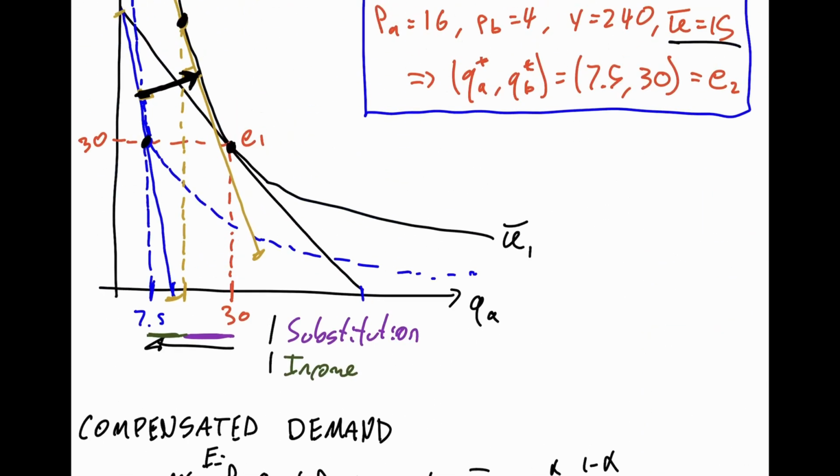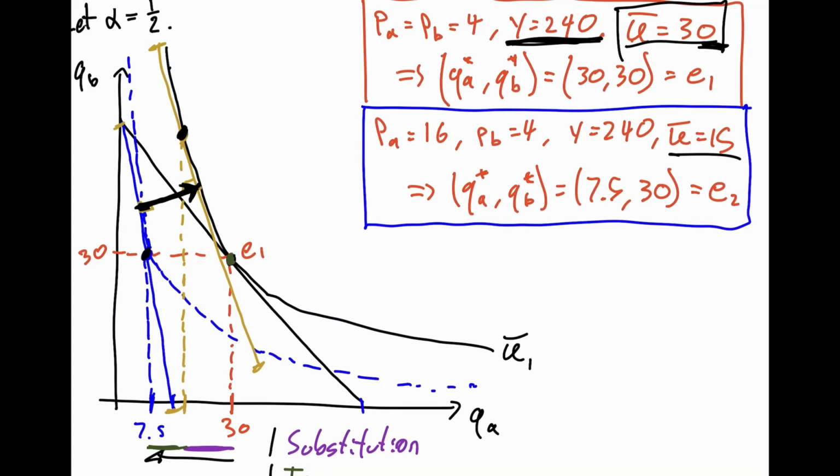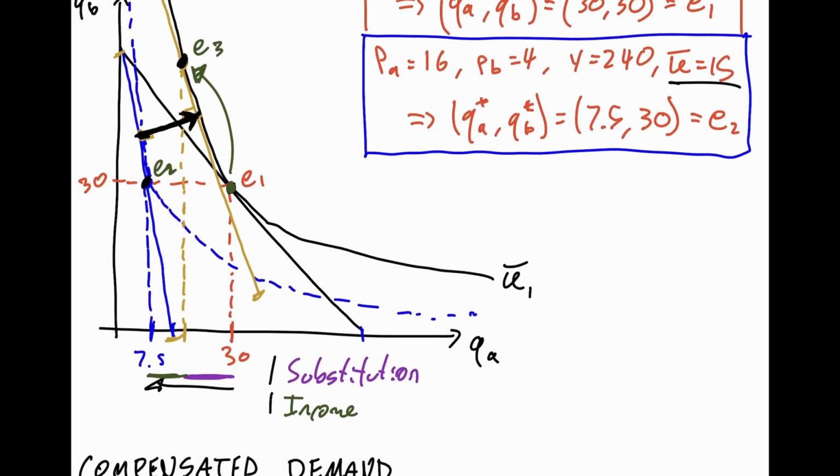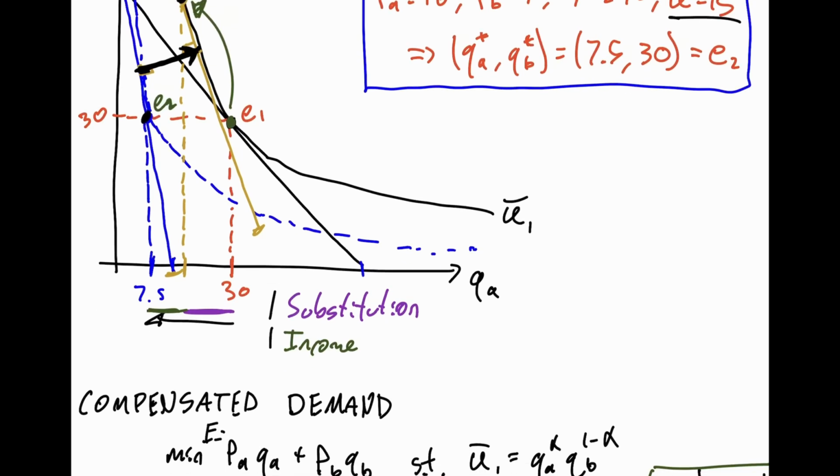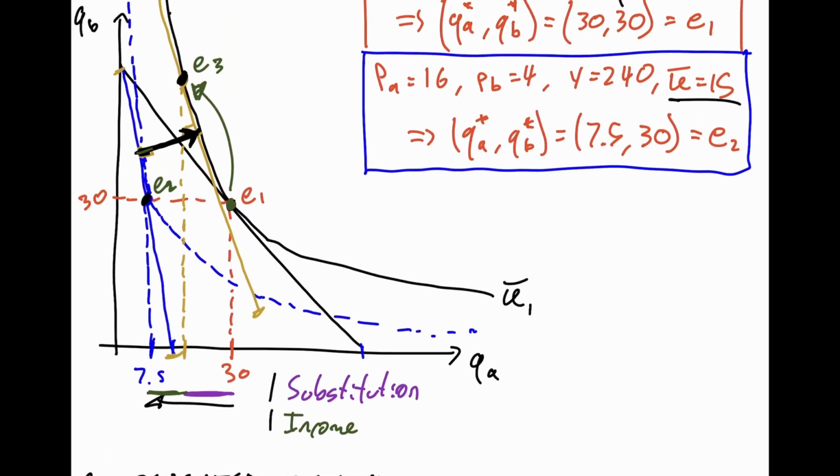So as we've moved from this point, from E1, on the indifference curve, maybe we'll call this E3, so this is E2. At E3, we need some compensation. So our income is no longer the same.